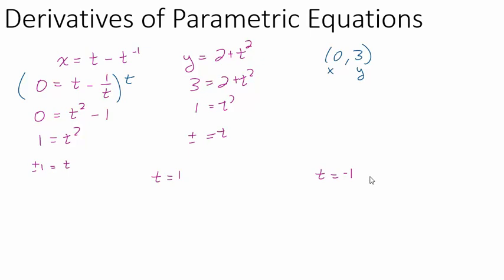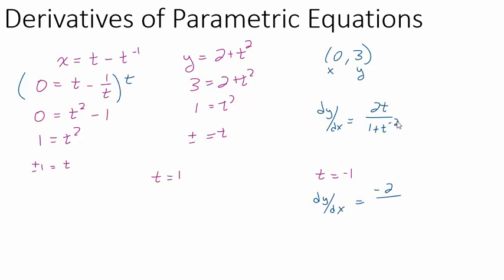I need to find the slopes at those two different times, so we would use our derivative formula, which we already found was 2t over 1 plus t to the negative 2. We already did t equals 1, and you would just do this one the same way. Except for this one, your slope would be 2 times negative 1, which is negative 2, over 1 plus negative 1 to the negative 2.